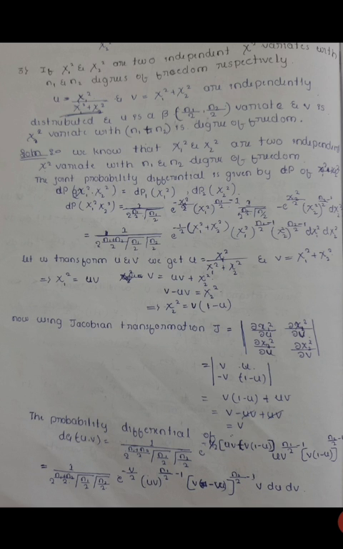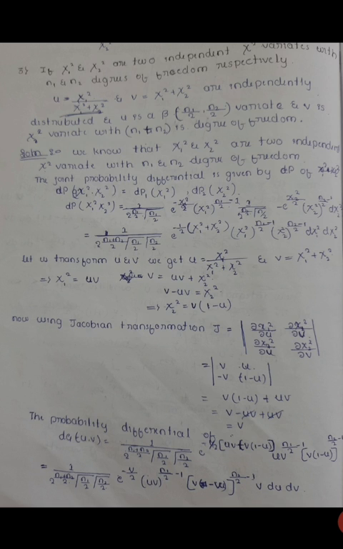That is equal to 1 upon 2^((n1+n2)/2) Γ(n1/2) Γ(n2/2) into e^(-1/2 (χ1² + χ2²)) (χ1²)^(n1/2 - 1) (χ2²)^(n2/2 - 1) dχ1² dχ2².